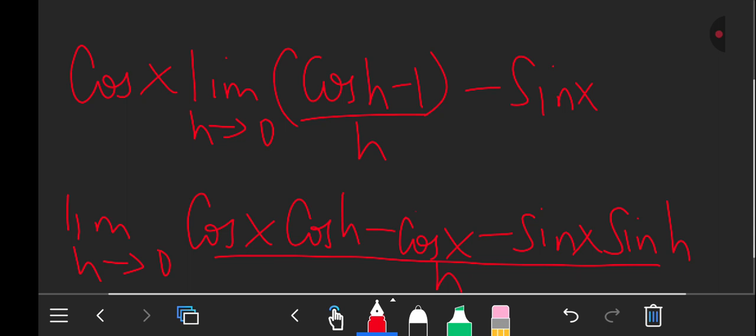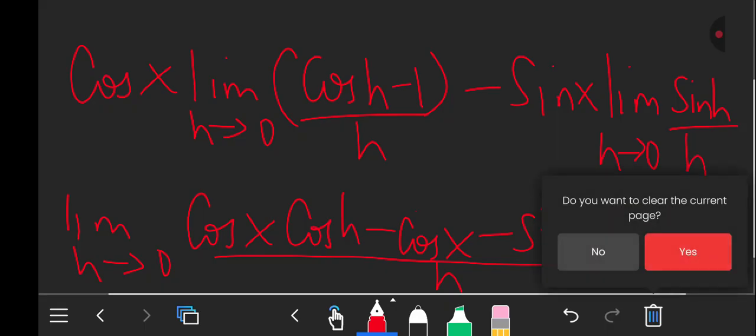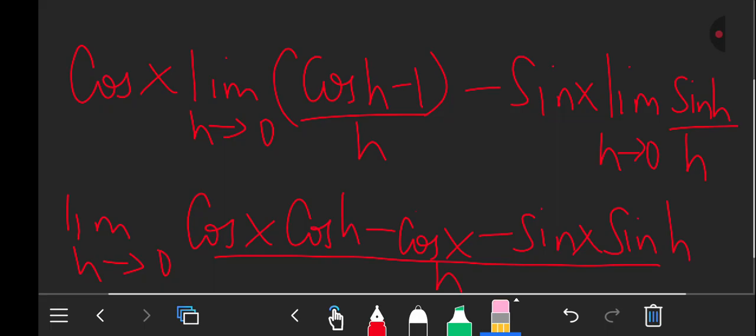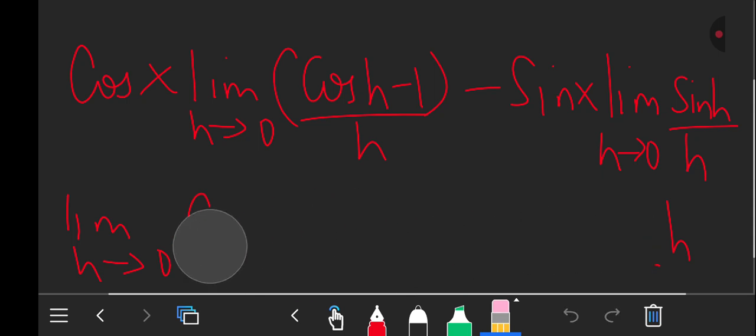I just factor it out. Then I'll distribute the limit. So I'll say limit as h approaches 0, then we have sin h over h. Okay. This h applies to everything here. It's a common denominator in short.